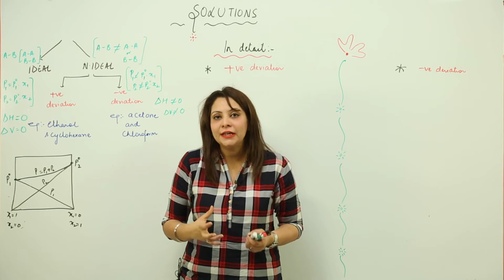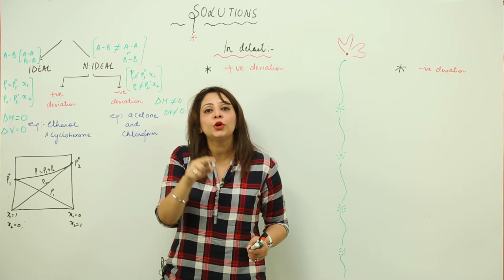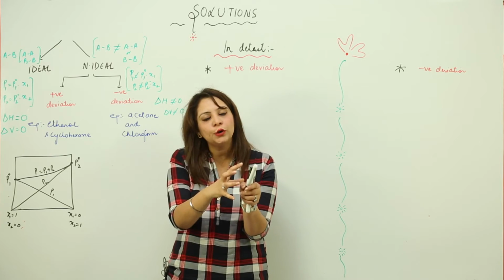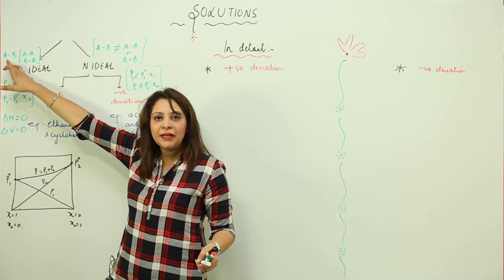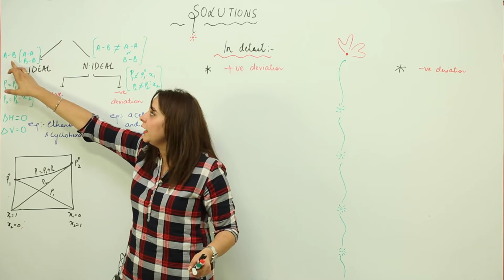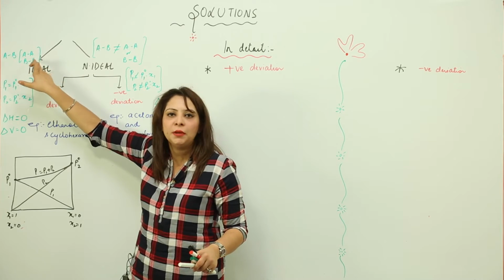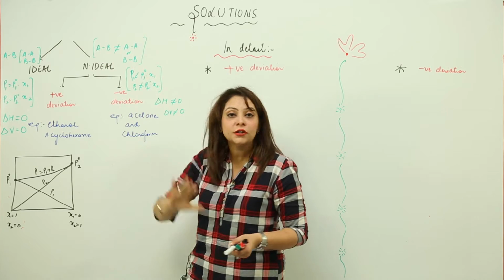Now, I told you the reason also: in the ideal one, the interaction between the solute and solvent is just similar to the interaction between the solute particles and between the solvent particles. So, let us say solute is A and solvent is B. The A-B interactions are almost similar to the interactions between A-A and B-B. But when we focus on the non-ideal one, the interactions are not at all similar.